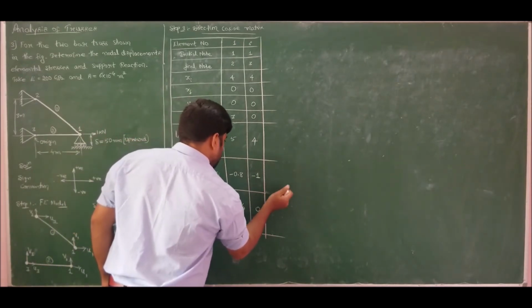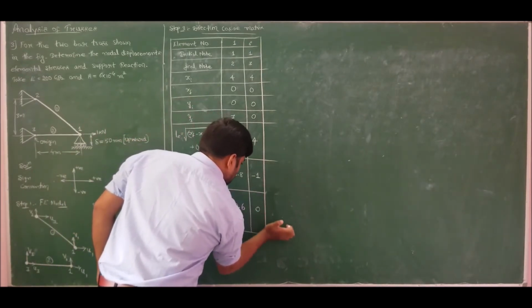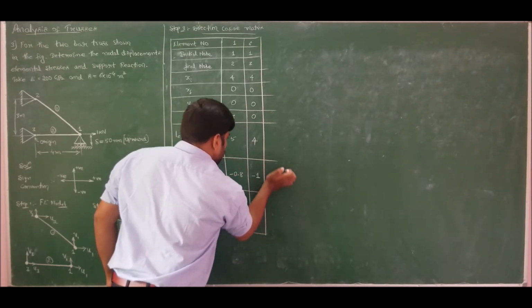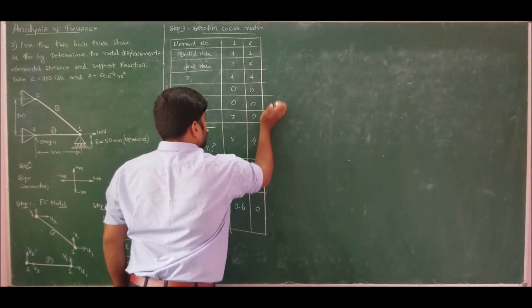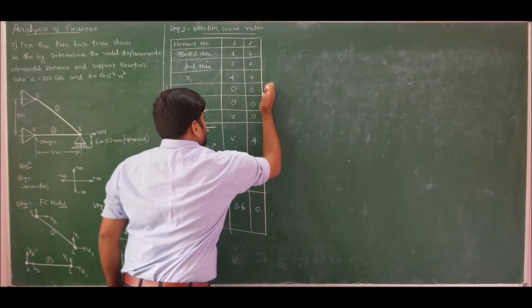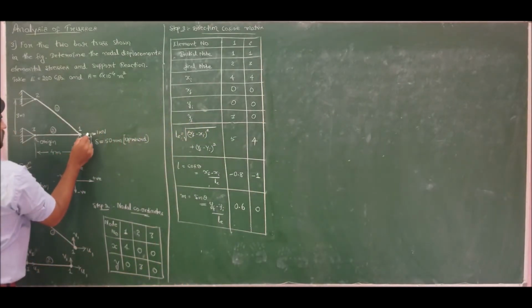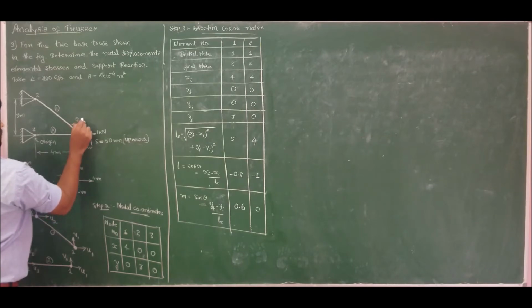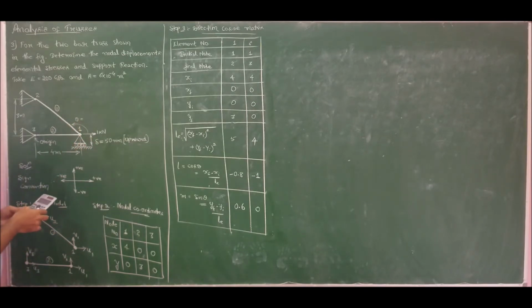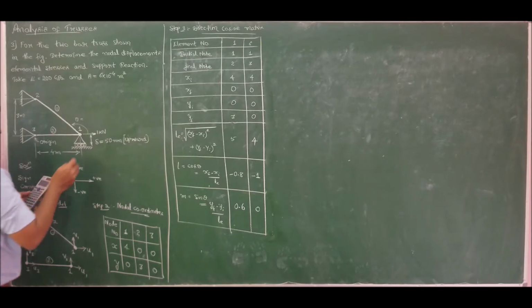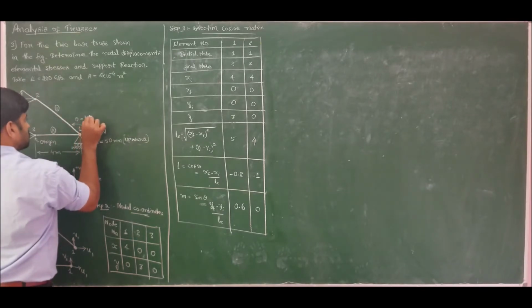Now let us verify by angles taken at the initial node in the positive x direction, measured counterclockwise. For element 1, the angle theta will be 180 minus tan inverse of opposite by adjacent, 3 by 4, which is 143.13 degrees.